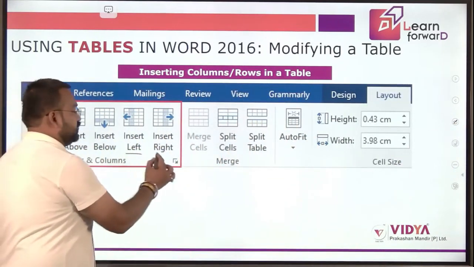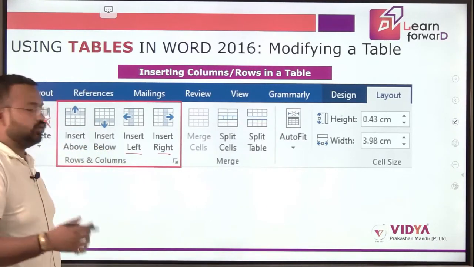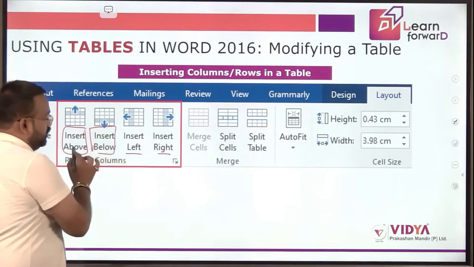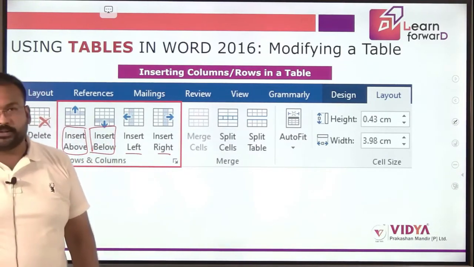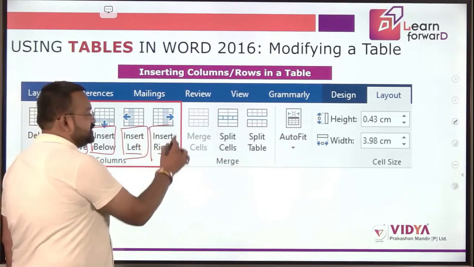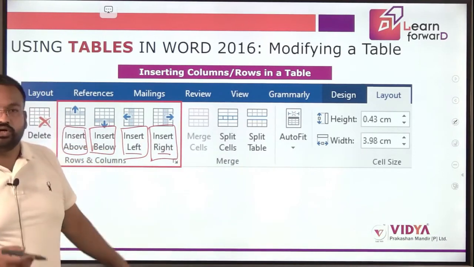Now there are 2 other options, that is insert left and insert right. So I hope you would have already understood that these 2 options will insert the rows. Okay, and these 2 options, they are inserting at left and right. So that means they will insert your column.